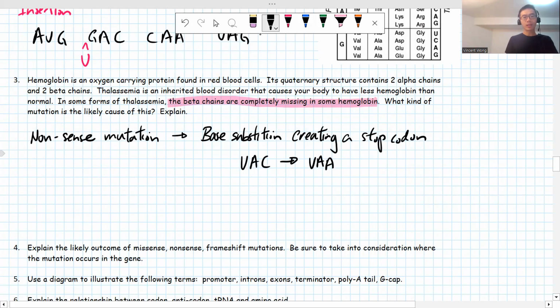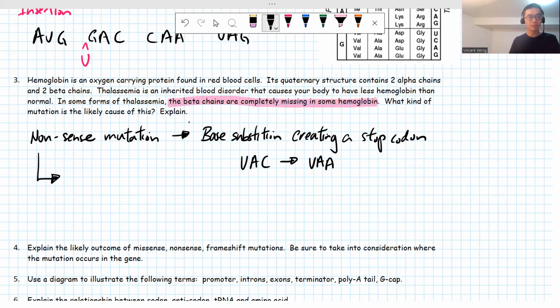But there is also another way of creating nonsense mutation. What is the other method of creating nonsense mutation besides base substitution? How else can we cause the nonsense mutation?